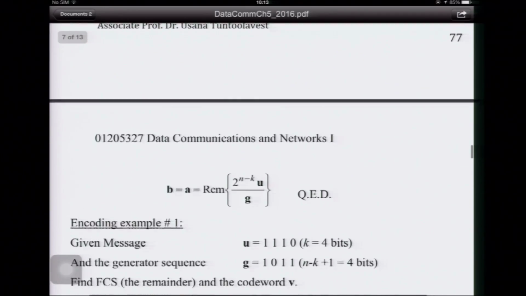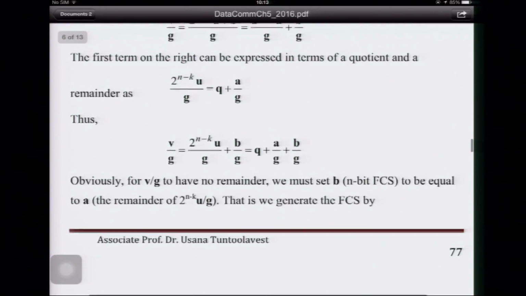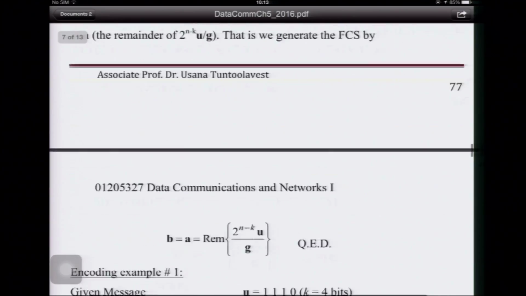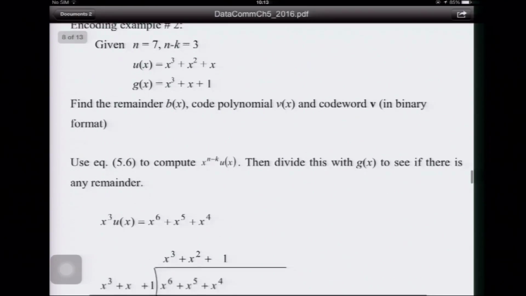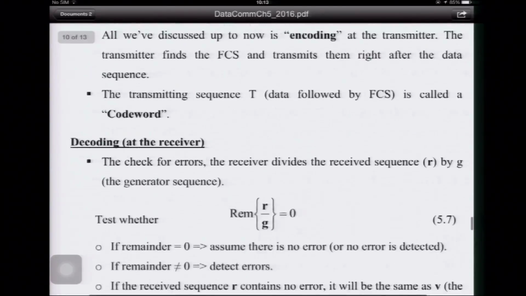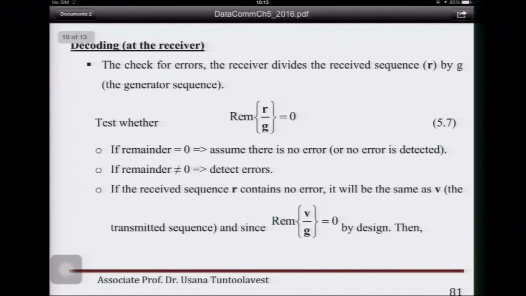And the code word is the thing that must be divisible by G, by the generator sequence. So you know that every code word that was transmitted is divisible by the generator sequence with no remainder.